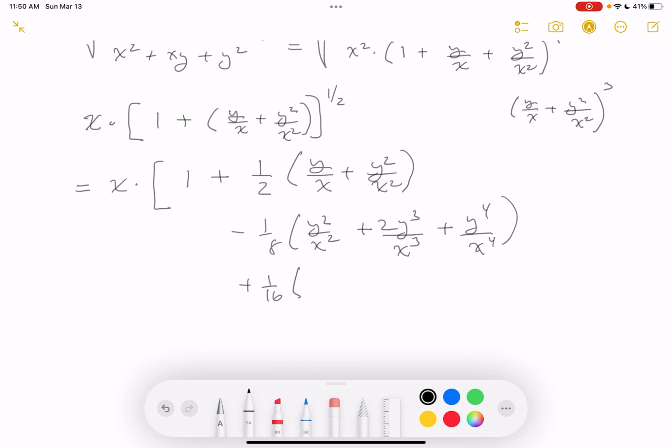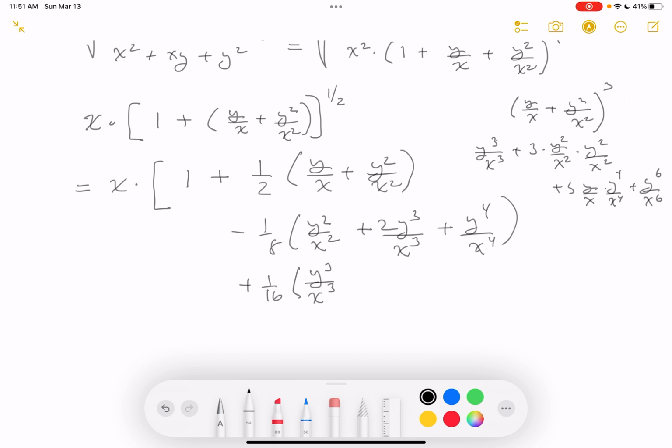So this is going to be, I'm going to erase this later, by the way, y cubed over x cubed plus 3 times y over x squared times y squared over x squared, plus 3 y over x times y to the 4 over x to the 4, plus y to the 6 over x to the 6. Let's write that down. So y cubed over x cubed.